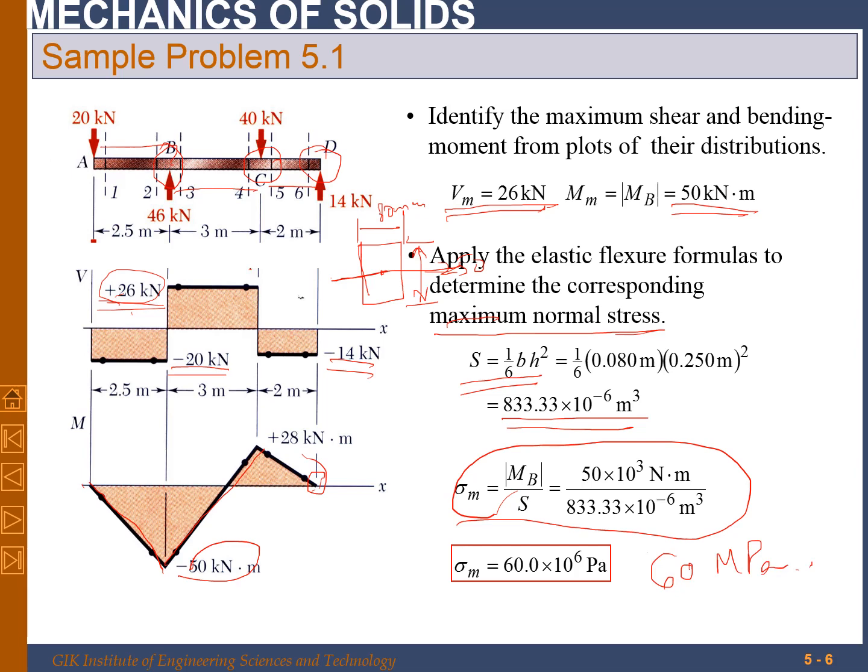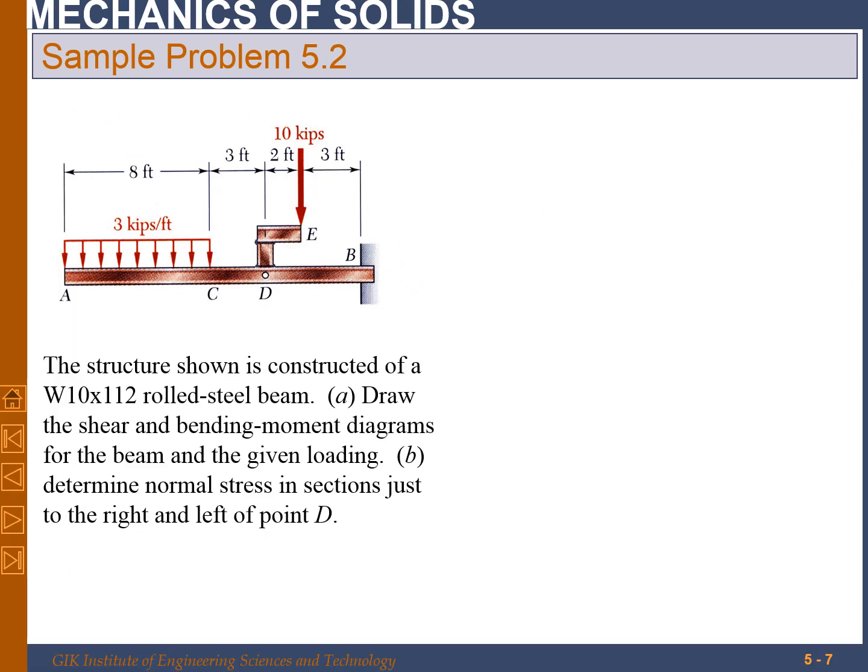Okay, now let's see another problem. In this case, this is a cantilever beam with multiple loading. Now, the structure shown is constructed from a W10 by 112 steel beam. So the cross section is given.